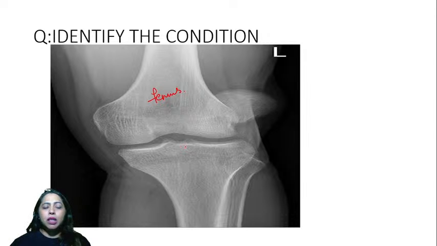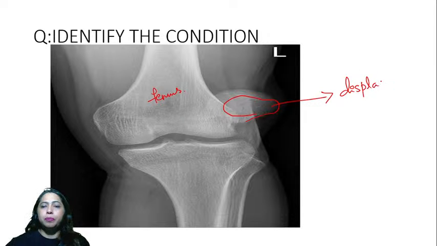You can also see the medial and the lateral condyle of the femur. See, this is anteriorly how it is displaced from its position. Which bone is displaced? You can see that the patella is displaced from its position. So this is displaced patella.